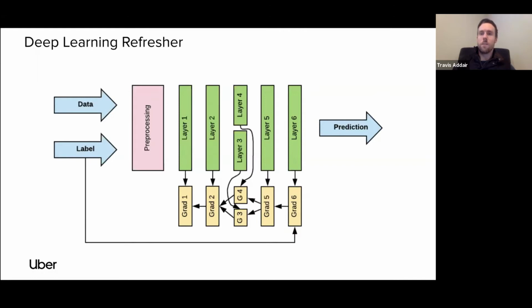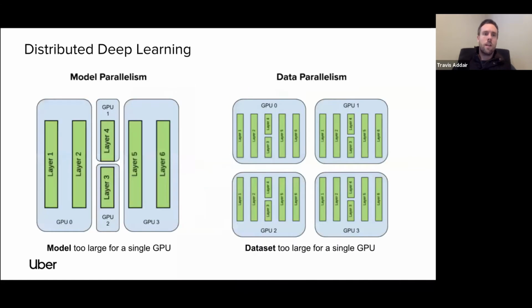This isn't something like a typical Spark application, for example, where we can just divide up the work however we want, and then at the end we aggregate everything back together and call it a day. We have to be a little bit more careful about how we think about distributing this workload. In the distributed deep learning setting, we typically have two approaches to scale up the training process.